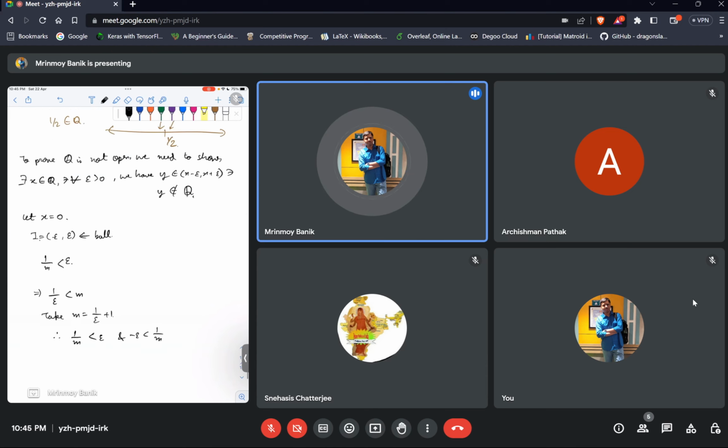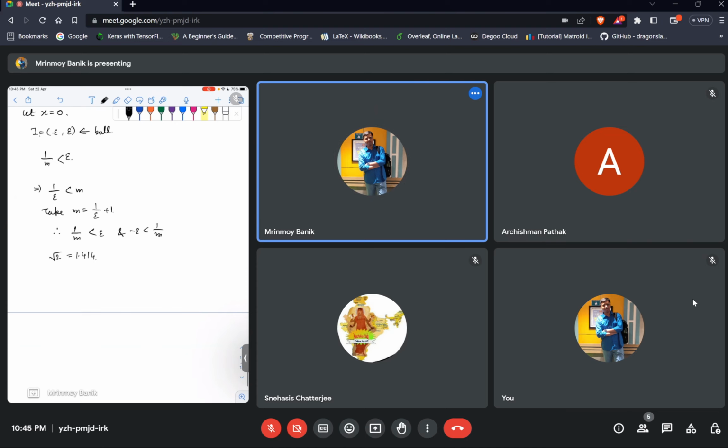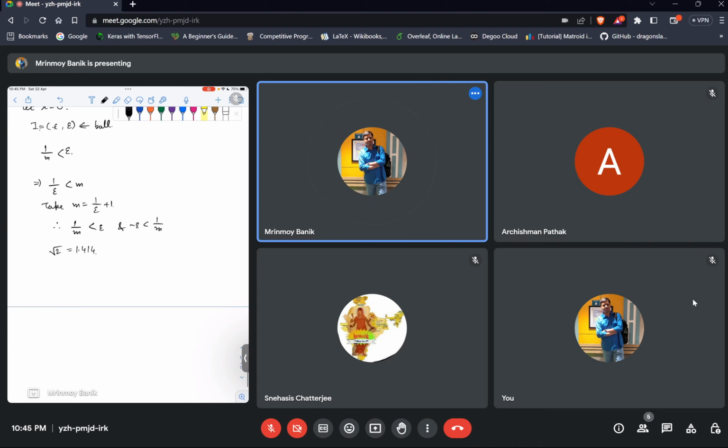Now, to get the irrational number, let's fall back on surds. The square root of 2 is around 1.414.